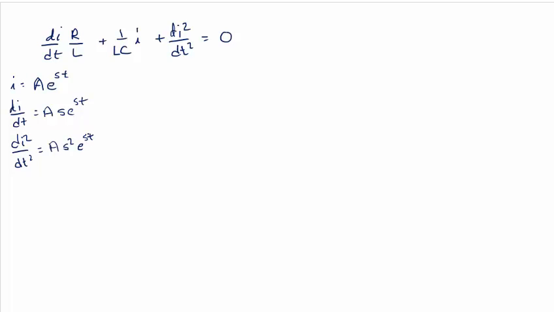And so you put that back into this equation right here, and I'm going to put the second derivative first, so I have a s squared e to the st plus r over l a s e to the st plus 1 over LC a e to the st equals 0.